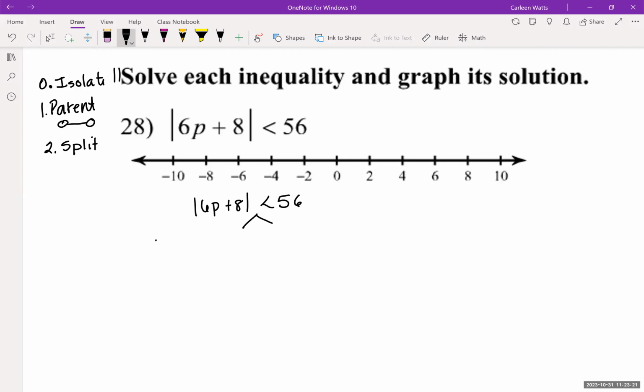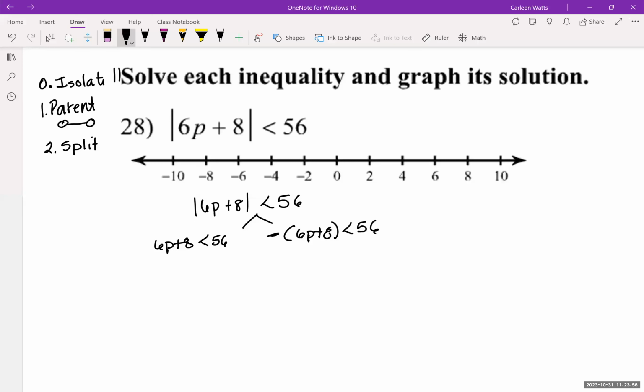Either 6p plus 8 is less than 56, or the negative of 6p plus 8 is less than 56. Everyone good? Yeah, because it could be the positive or the negative, because the absolute value either takes a positive thing or a negative thing and makes it positive.